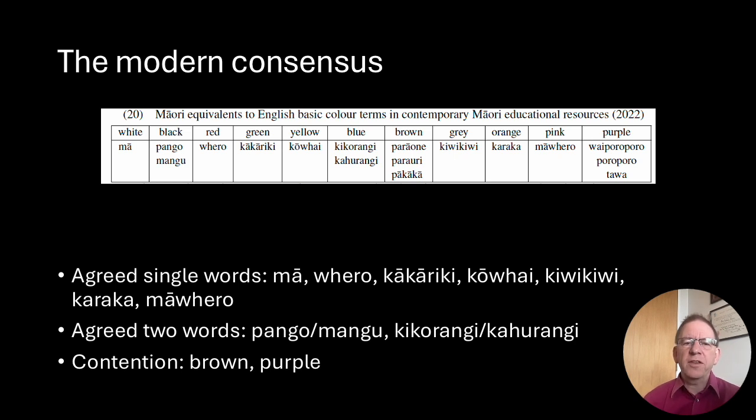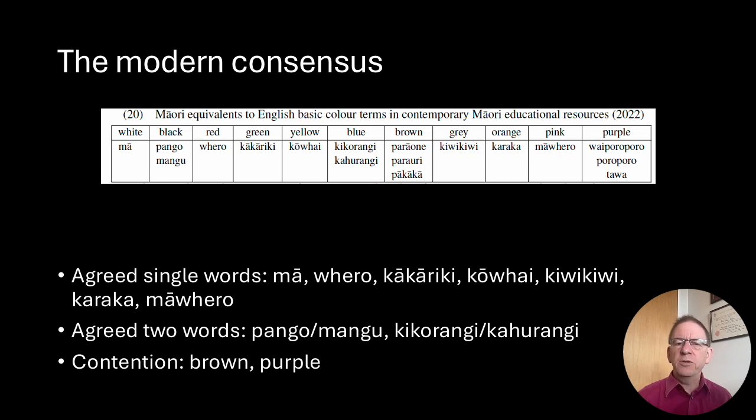We have agreement that there are Māori words that represent each of the English colour categories. For 7 categories, all the educational resources agree. Today, whero means red, and it means only red, not the red or brown or orange of previous centuries.